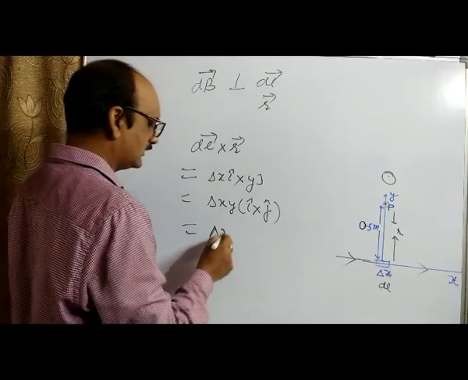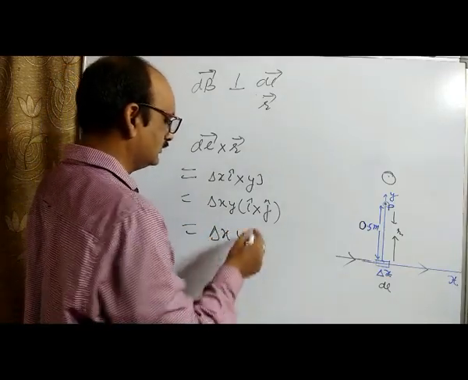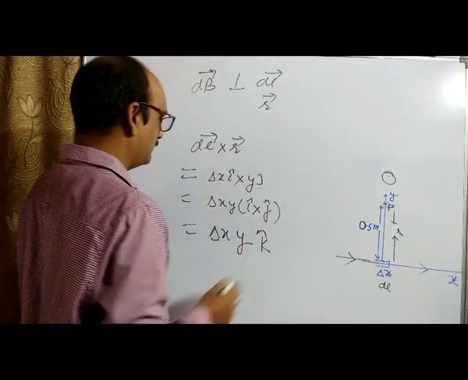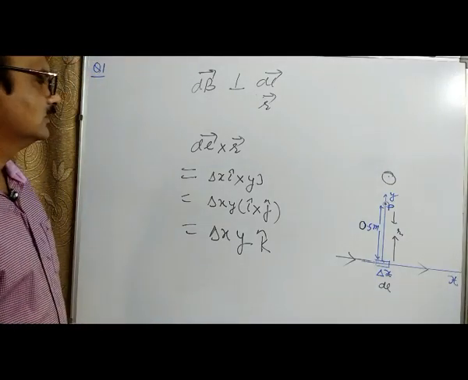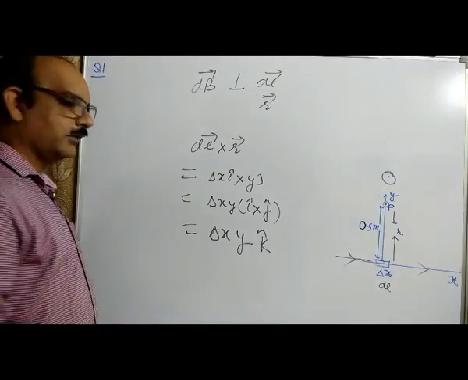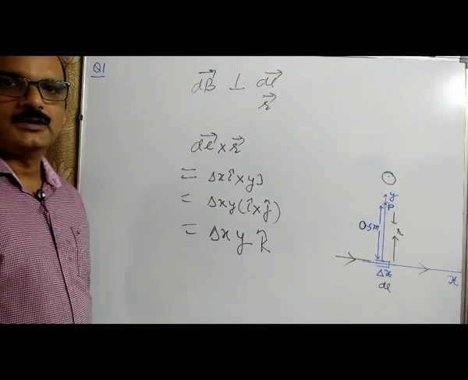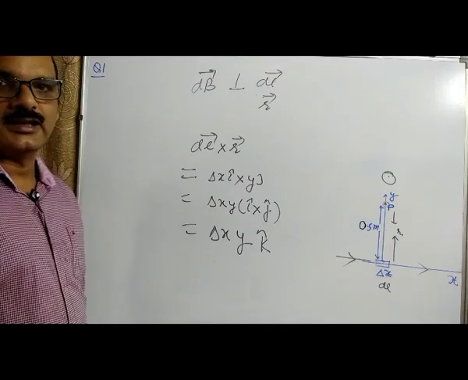This will be delta x y into k cap. That is, direction of dB will be along k cap, that is along z direction.